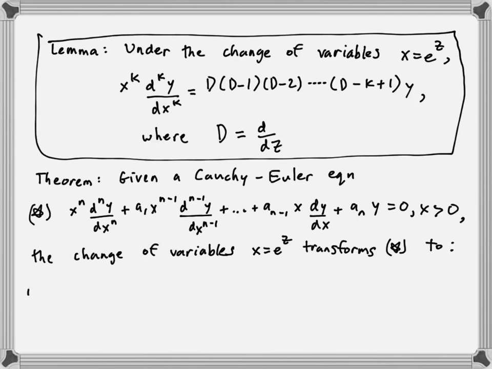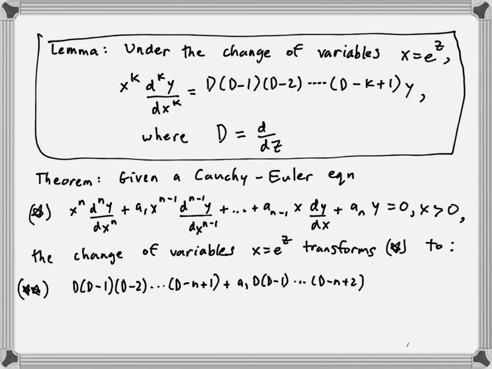Let's call this one double star. It's going to be D times D minus 1, D minus 2, all the way to D minus n plus 1, plus a1 times D times D minus 1, all the way to D minus n plus 2, plus, and then we have a n minus 1 D, plus a n.